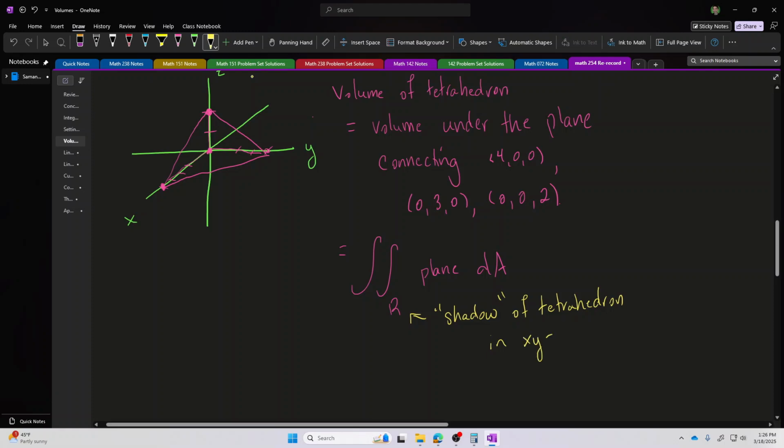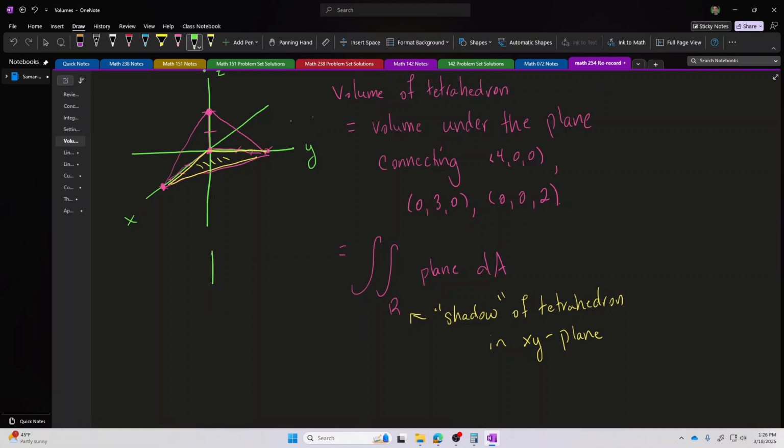In other words, all the x's and y's for all the points in the tetrahedron. In other words, R is this little triangular piece down here in the xy plane corresponding to the shadow or the footprint of the tetrahedron.